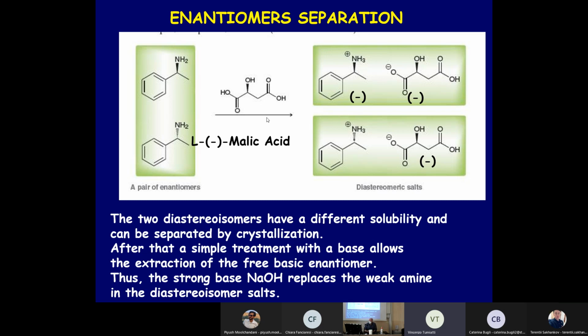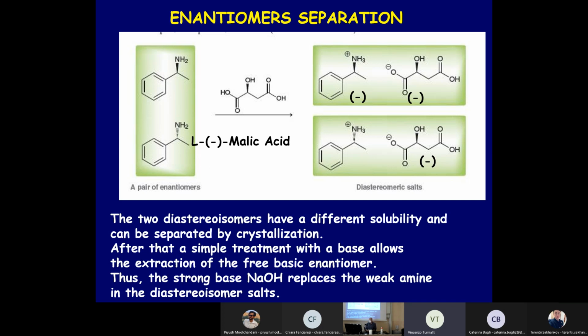We can make salts with an acid, and in this case we have a natural, optically pure acid, called malic acid. So if we put this type of acid in the mixture of the two enantiomers, we have two couples of different salts, minus minus and plus minus, and these two couples of salts have different chemical physical properties.